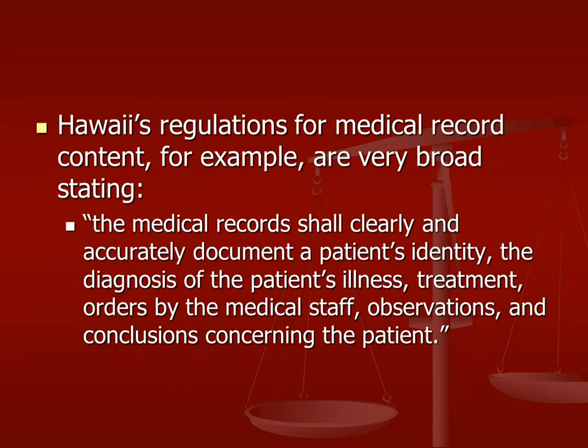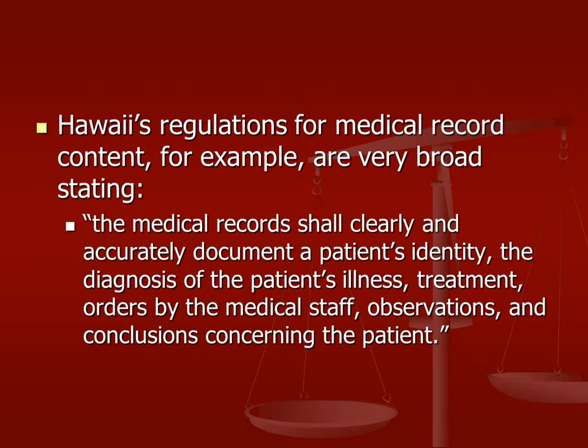Now, just an example, and as I said, the book has really good examples. Hawaii's regulations for medical record content are very broad and state that the medical record shall clearly and accurately document a patient's identity, the diagnosis of the patient's illness, treatment, orders by the medical staff, observations, and conclusions concerning the patient.